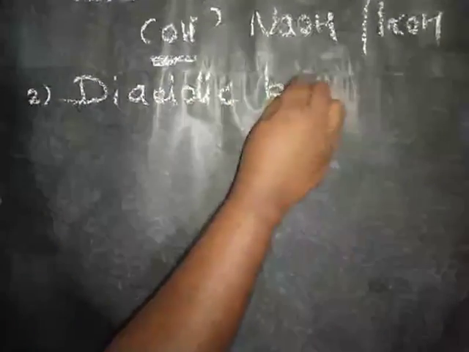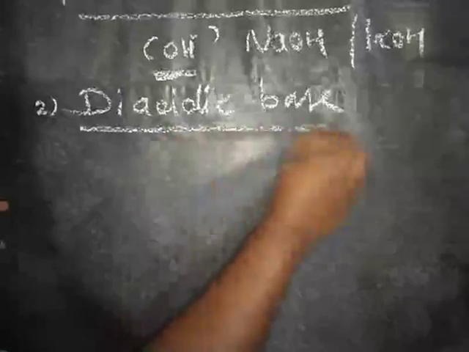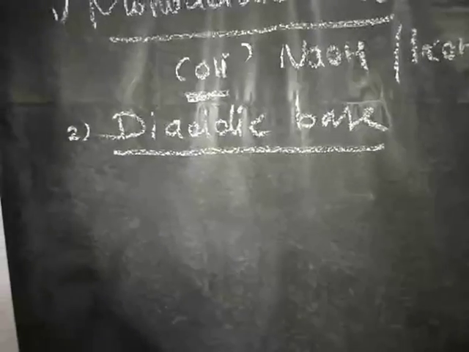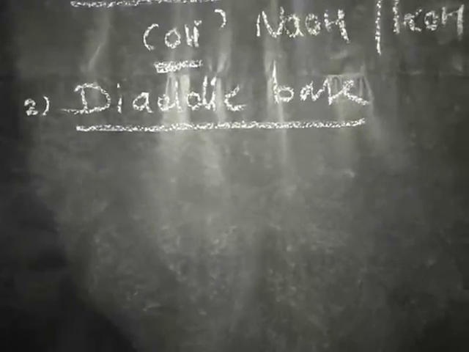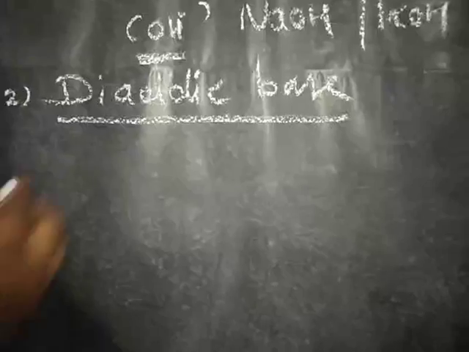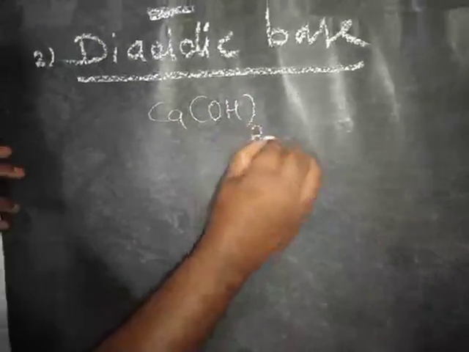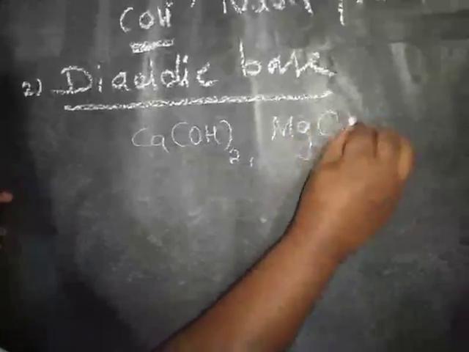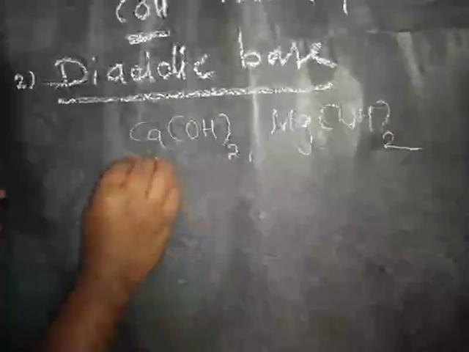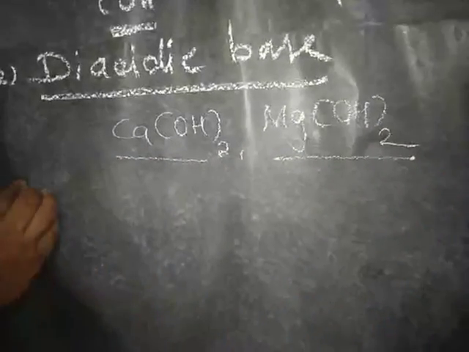Second one, diacidic base. It is the base that ionizes in water to give 2 hydroxide ions per molecule. For example, calcium hydroxide and magnesium hydroxide.